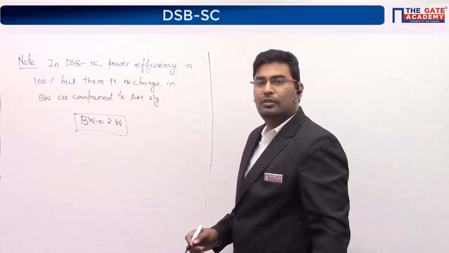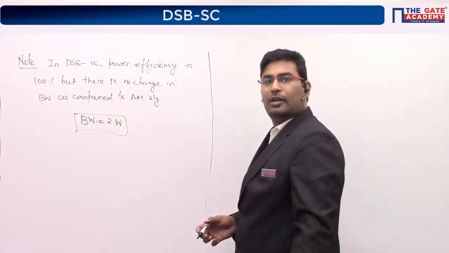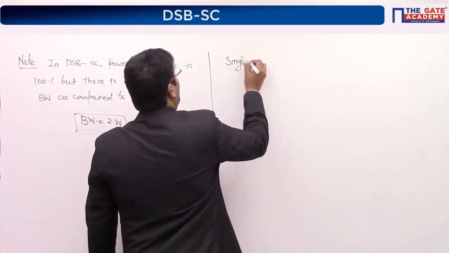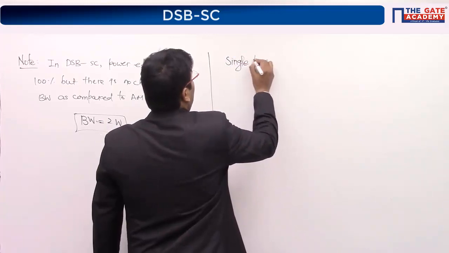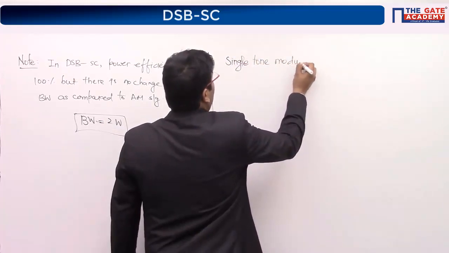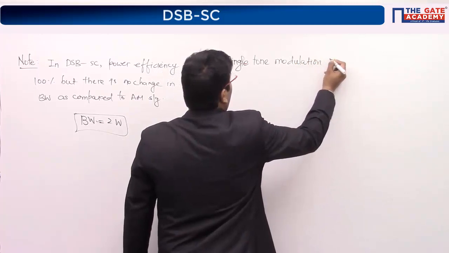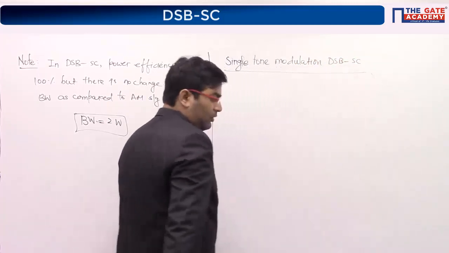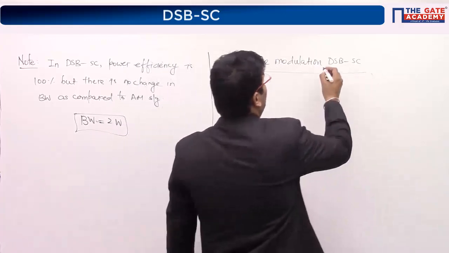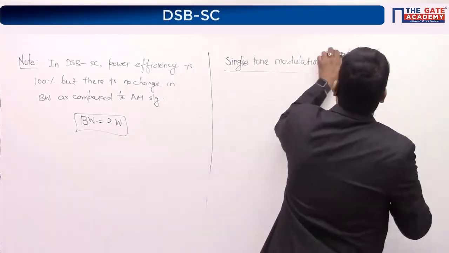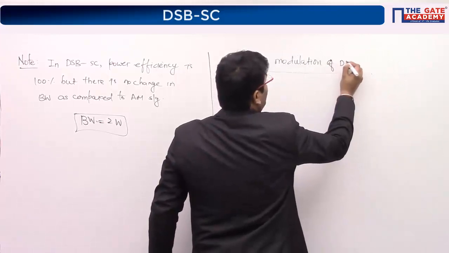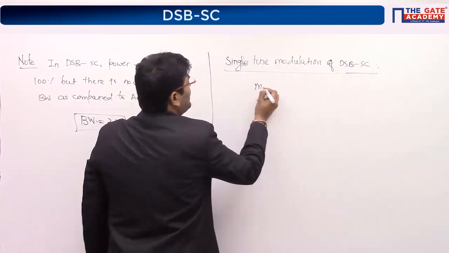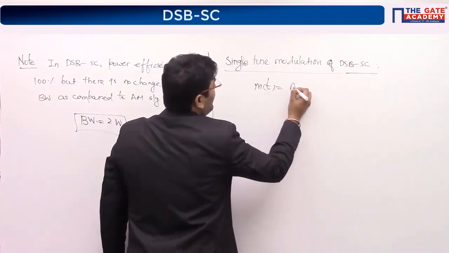Now what I am going to do is take m(t) as a single tone modulation. Single tone modulation of DSB suppressed carrier. So in this, we'll take m(t) equal to Am cos 2 pi fm t.